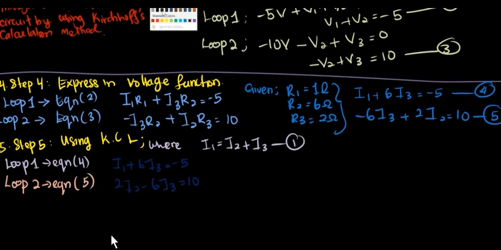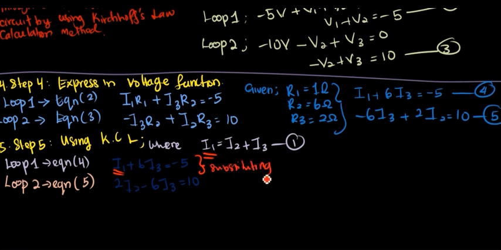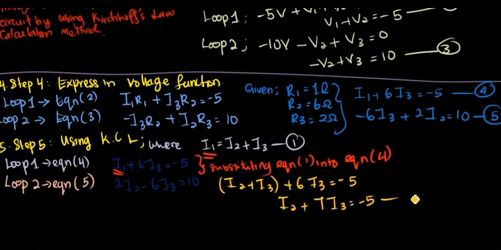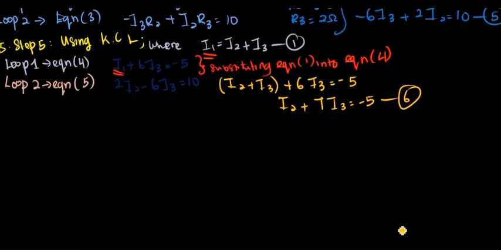Because I1 is inside equation 4, we substitute equation 1 into equation 4, just replacing I1 in equation 4 with equation 1. So we get the new equation for loop 1: I2 plus 7 I3 equals negative 5, and we declare it as equation 6.